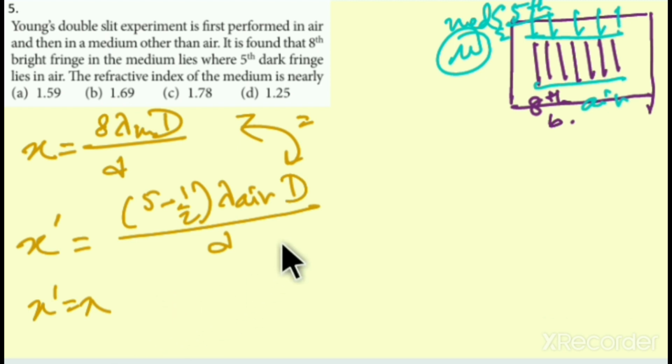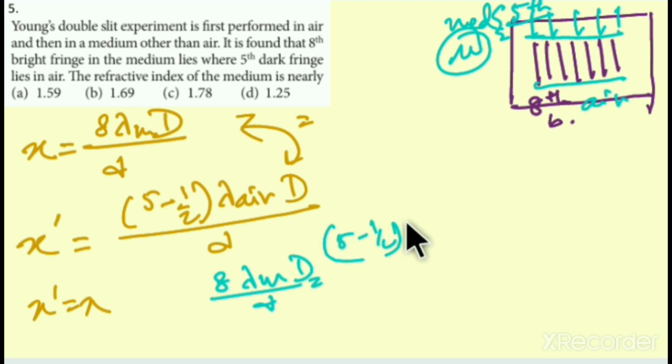Using this condition we can say that 8 lambda air capital D by small d is equal to 5 minus half lambda medium capital D by small d, and this will cancel out.